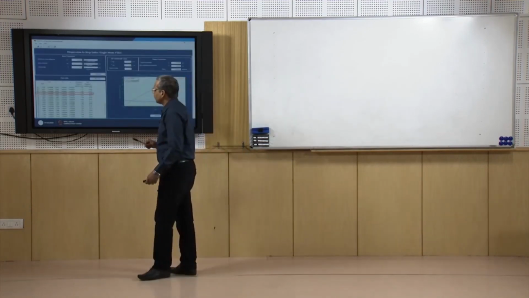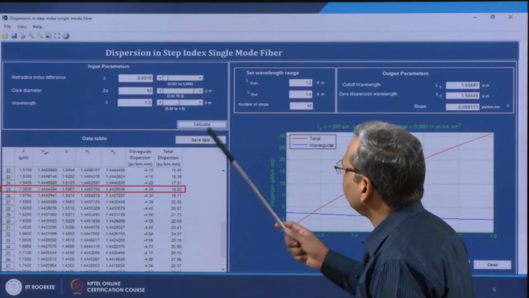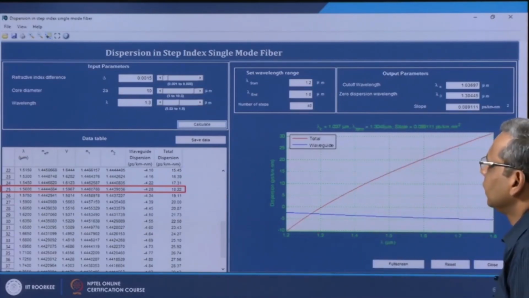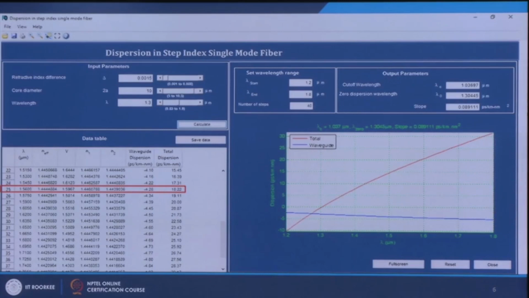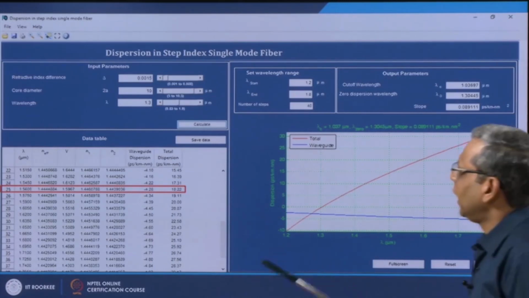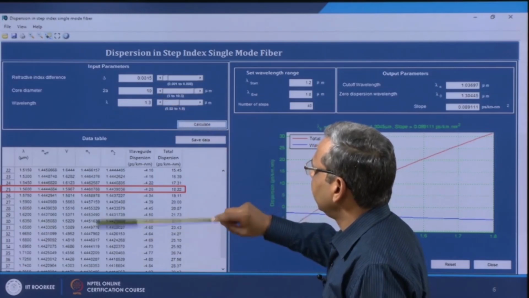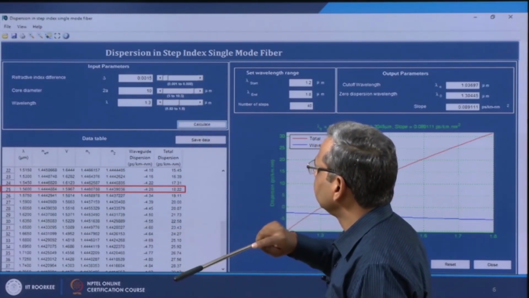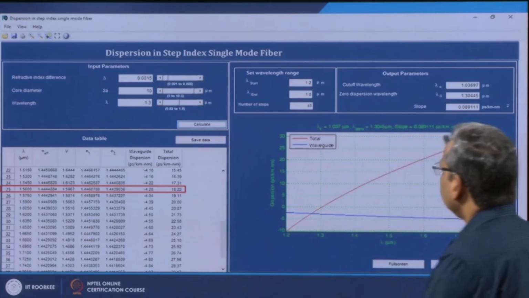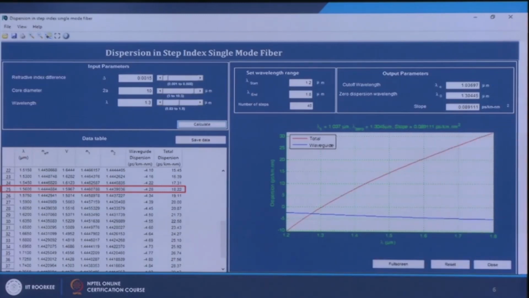In order to demonstrate this, I take numerous examples now. This is from the software LightSim, where I can change the relative index difference delta, I can change the core diameter and then see what happens to dispersion.